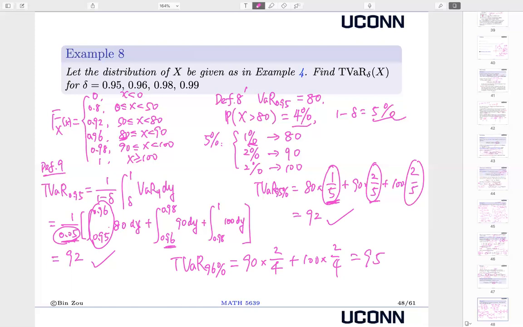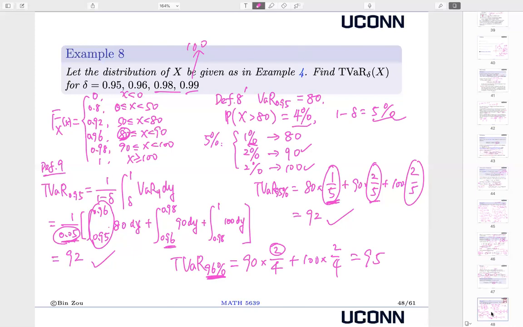And at 96%, I have exactly the number, achieving this number. So on the right-hand side, I will have exactly 4%, 2% from 90, 2% from 100. I have exactly 4%. That's what I want. I want to average over 4%. So you can also do the rest too. The number will be 100. Okay.